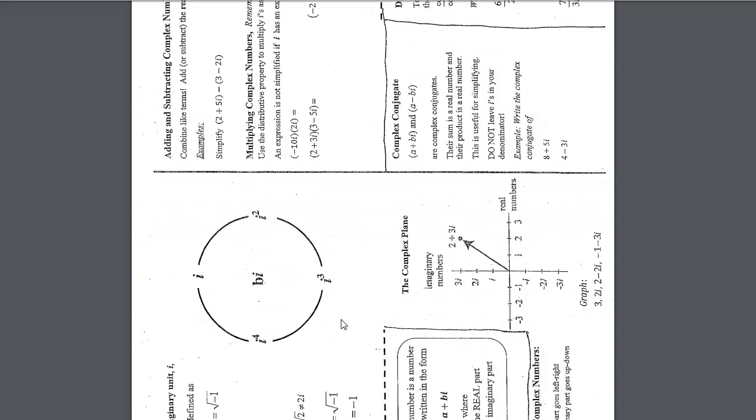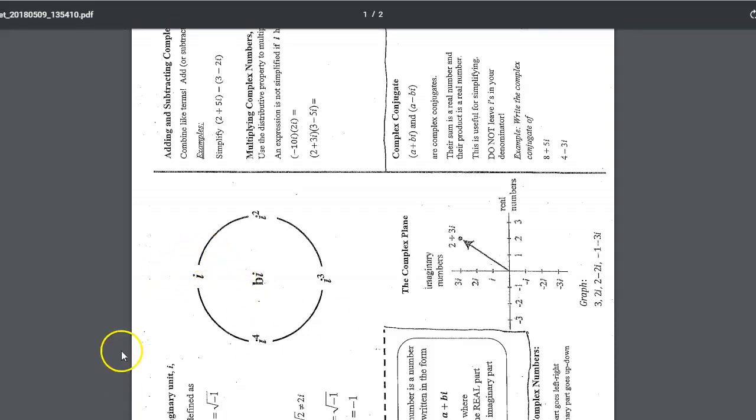What's really interesting about i is that it has a cyclical pattern, and so it repeats every 4. So when I have i to the first power, I'm going to kind of write this, but hopefully you'll see it and put it the other way, i to the first power is just i. I to the second power is the square root of negative 1 times the square root of negative 1, and so that gives you negative 1.